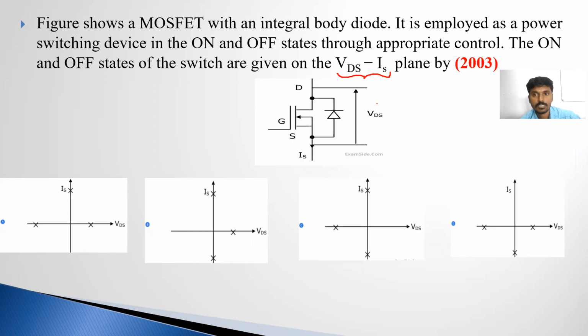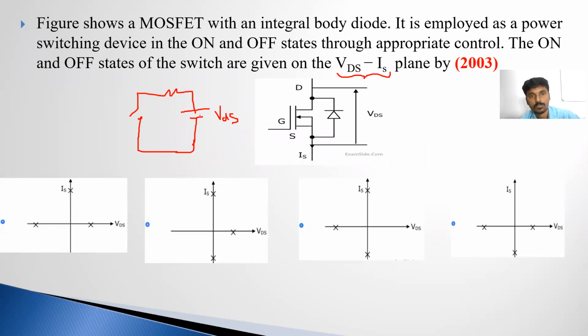Here VDS is nothing but, for example, this is the switch, this is the MOSFET. So VDS is nothing but this one.